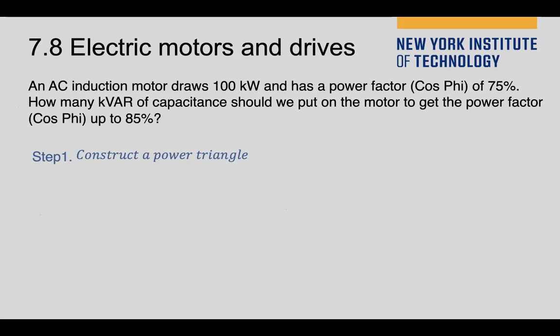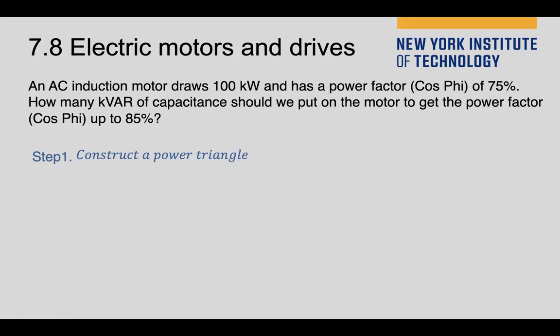Okay, so this question, I think it's worth for us to go through in much more detail compared with what we have already discussed. It is a question about the power factor correction. An AC induction motor draws 100 kilowatt and has a power factor cosine theta of 75%. So now we know about the power, 100 kilowatt.